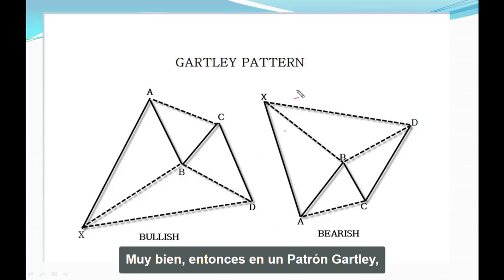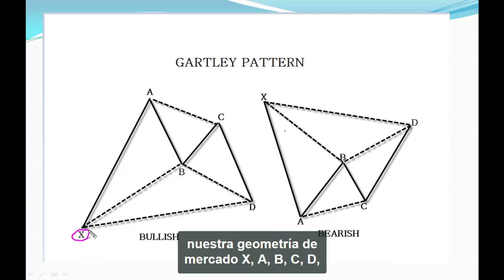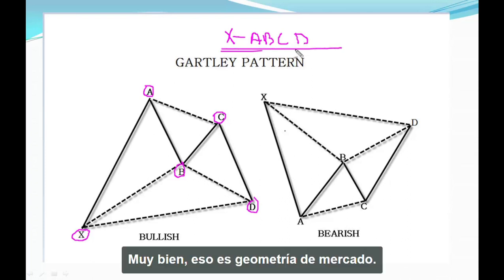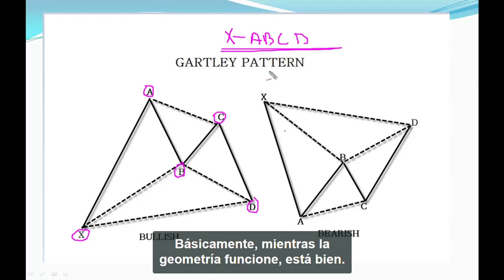All right, so on a Gartley pattern, we're always looking for market geometry, X, A, B, C, D. That's market geometry, and then you have harmonic patterns that go with it. Basically, as long as the geometry works, it's fine.